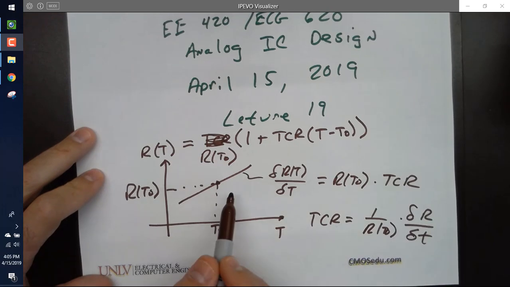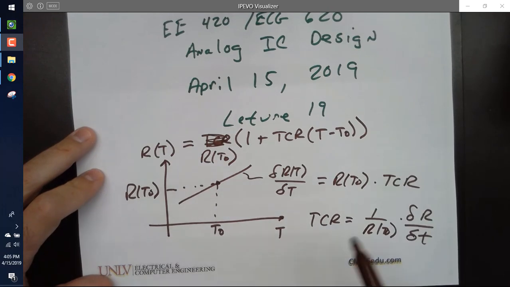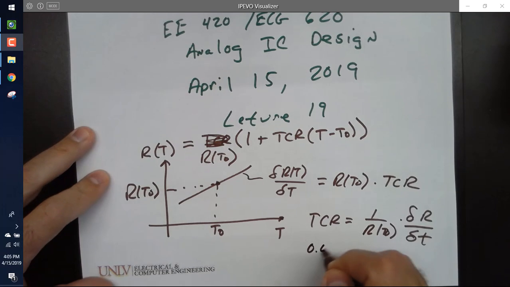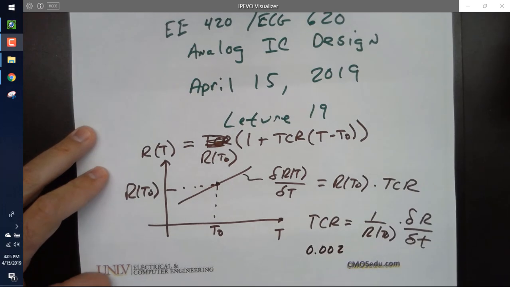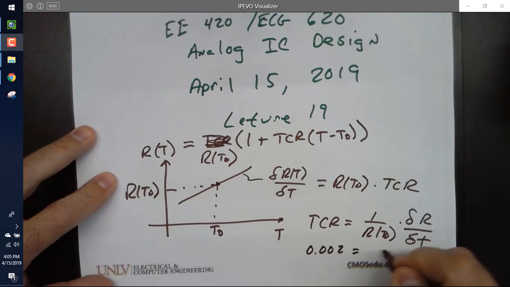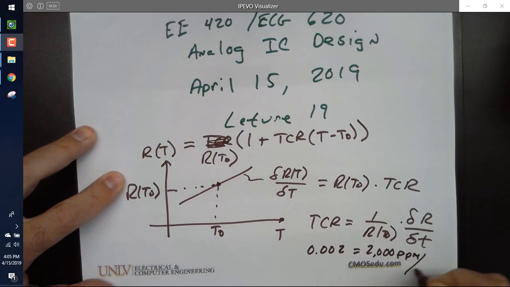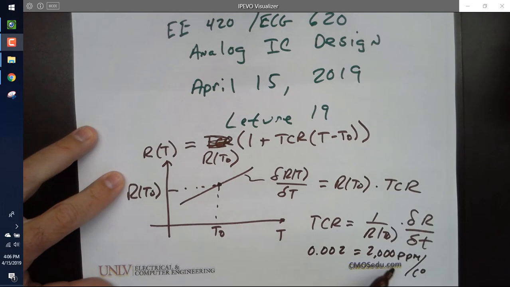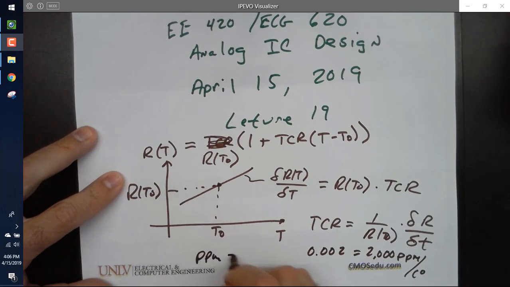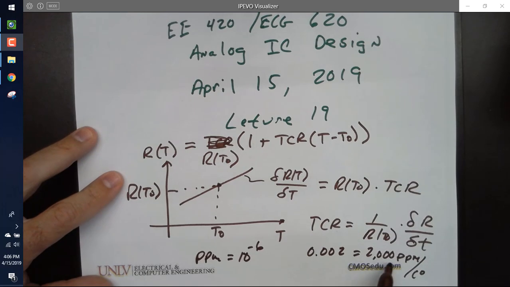And if the resistor's variation is linear, then this might be 0.002, for example, or 2,000 parts per million per degree C. So 2,000 parts per million is a multiplier of 10 to the minus 6. So 2 times 10 to the third times 10 to the minus 6 is 0.002, or 2 times 10 to the minus 3.